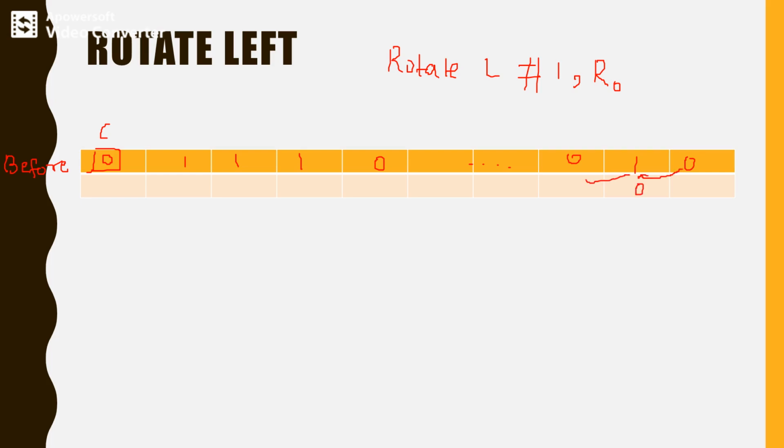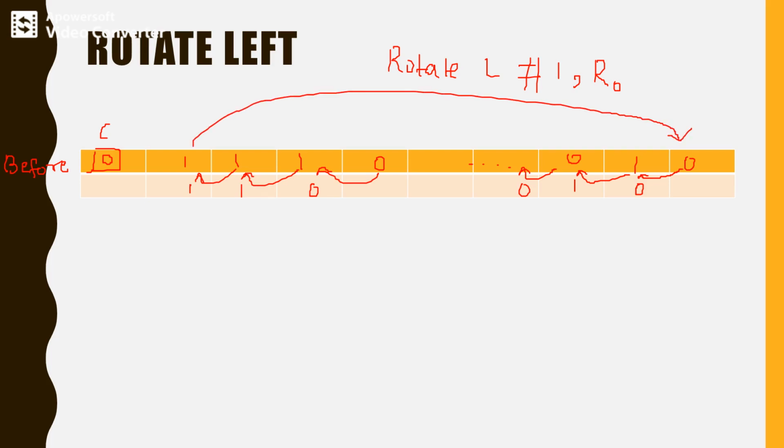This 0, 1 will come to the previous location. This 0 will come to the previous location. This 1 will go to the previous location, and this 1 will come to the last location. So this is the new value of the processor register R0 after performing rotate left constant 1, comma R0. Now the carry value is 1.